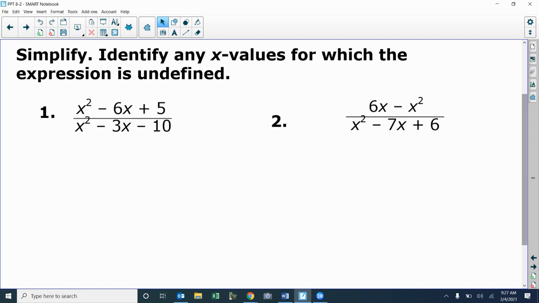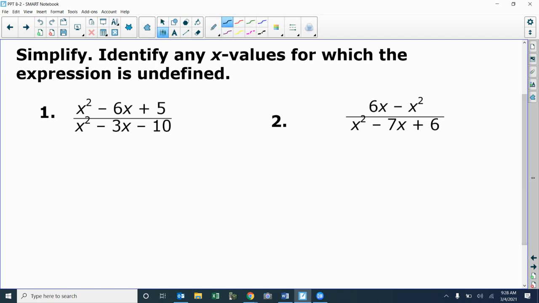And we've got to do some factoring, same things from yesterday. Step 1, factor. Step 2, cancel. And then step 3, make sure we go where we're undefined. So we're going to say which values are undefined. That's our x's. There'll be some domain that we cannot use, or x values, and those will make our denominator go to 0.